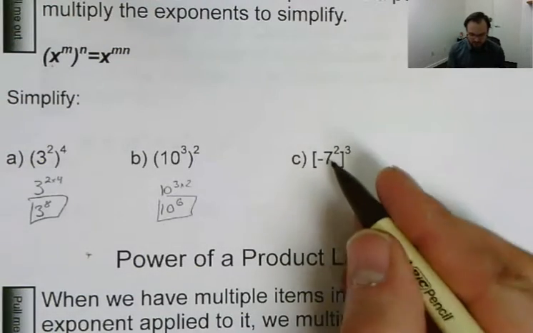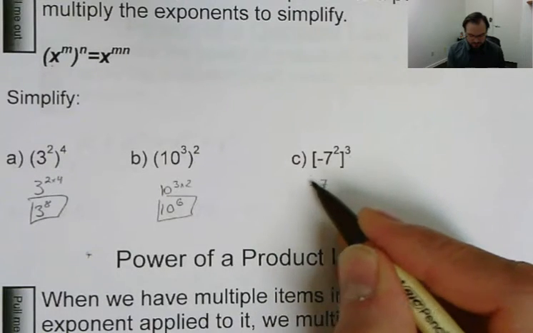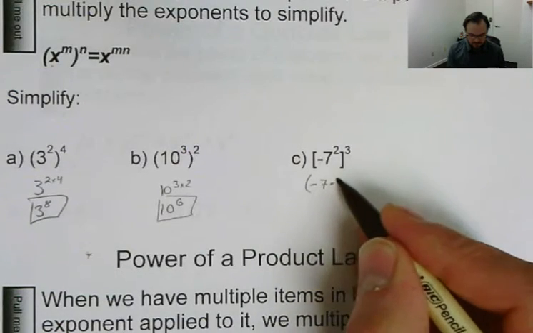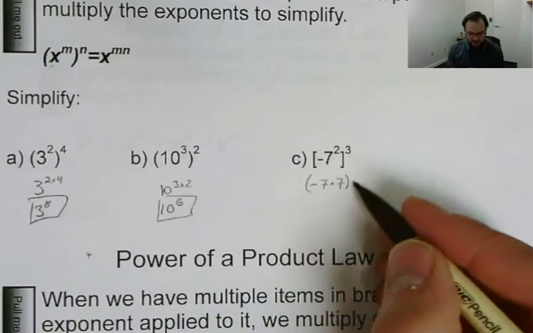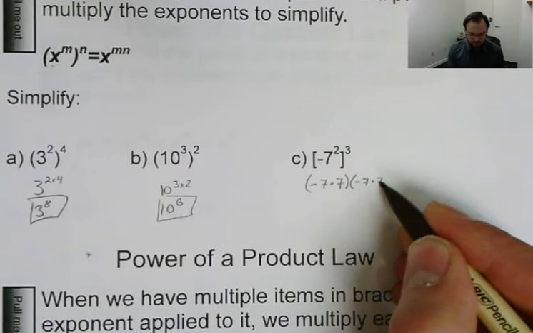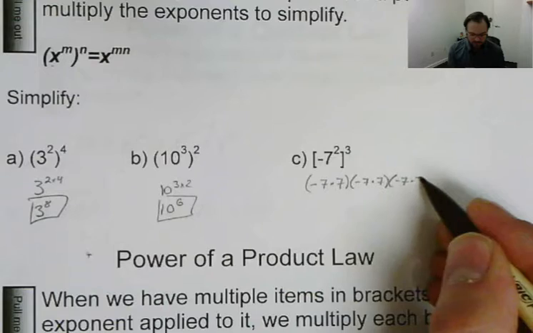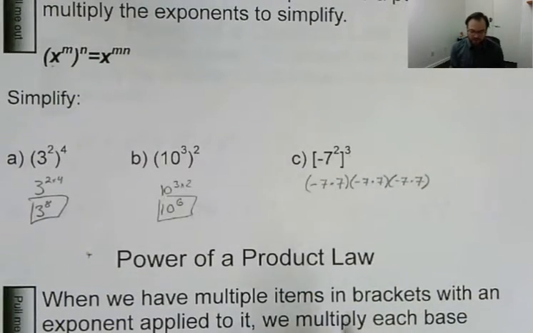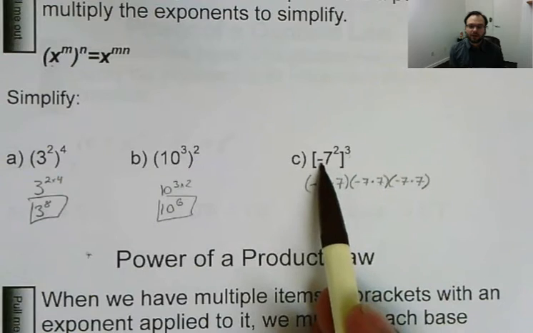So if I was to do this, this is the same thing as negative 7 times 7 inside, right? That's negative 7 squared. And we want to multiply that by negative 7 multiplied by 7, multiplied by negative 7 multiplied by 7.